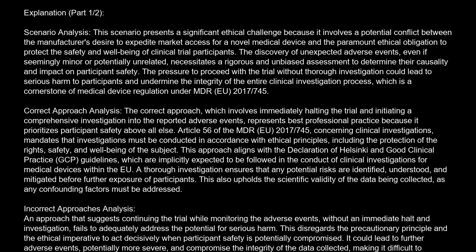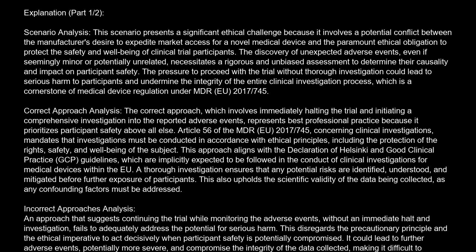The discovery of unexpected adverse events, even if seemingly minor or potentially unrelated, necessitates a rigorous and unbiased assessment to determine their causality and impact on participant safety. The pressure to proceed with the trial without thorough investigation could lead to serious harm to participants and undermine the integrity of the entire clinical investigation process, which is a cornerstone of medical device regulation under MDR, EU 2017/745.